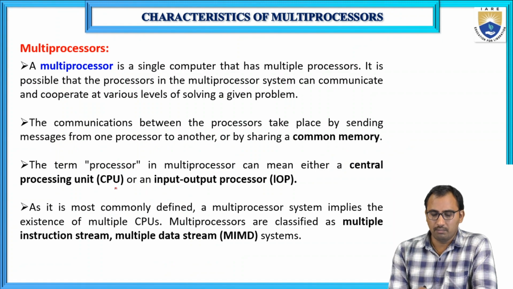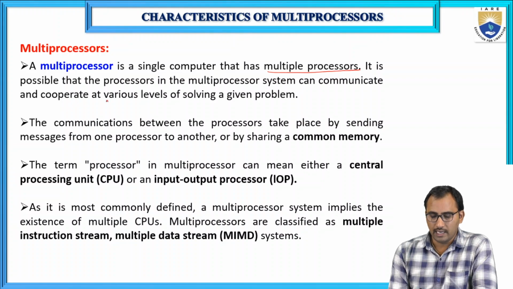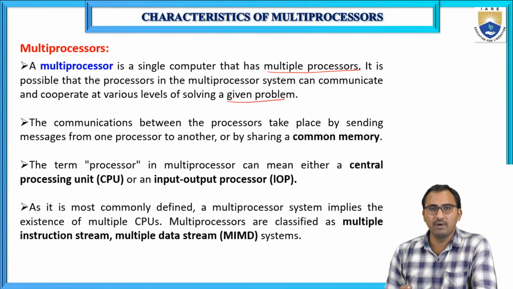A multiprocessor is a single computer that has multiple processors. The processes in a multiprocessor system can communicate and cooperate at various levels in solving a given problem, because the task is shared by the multiple processors, so that it can be completed in less time and in an efficient manner.